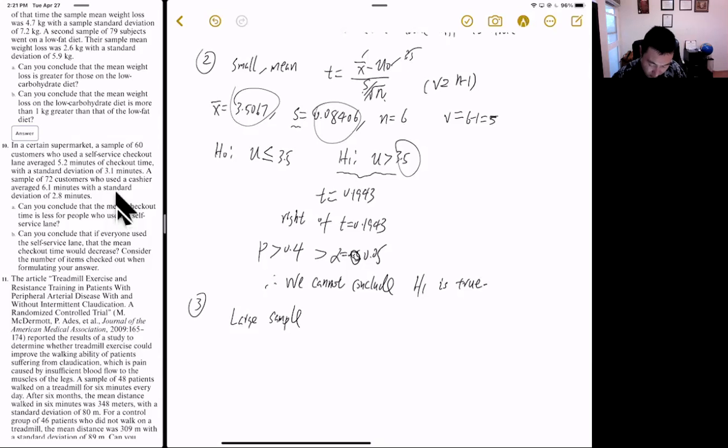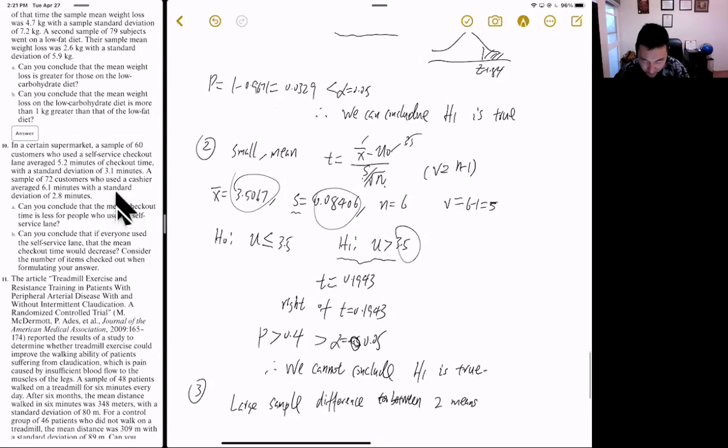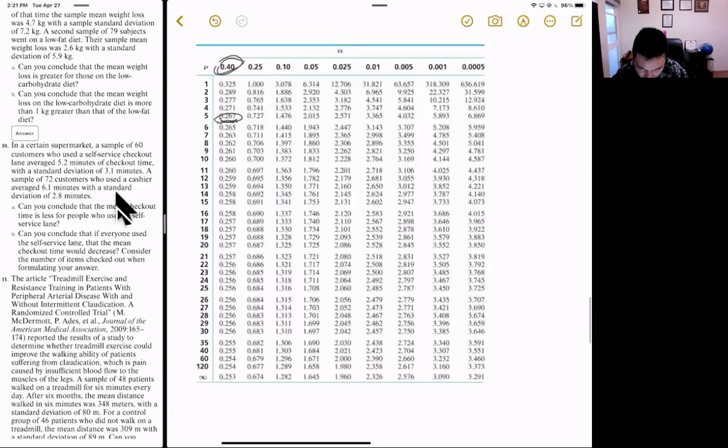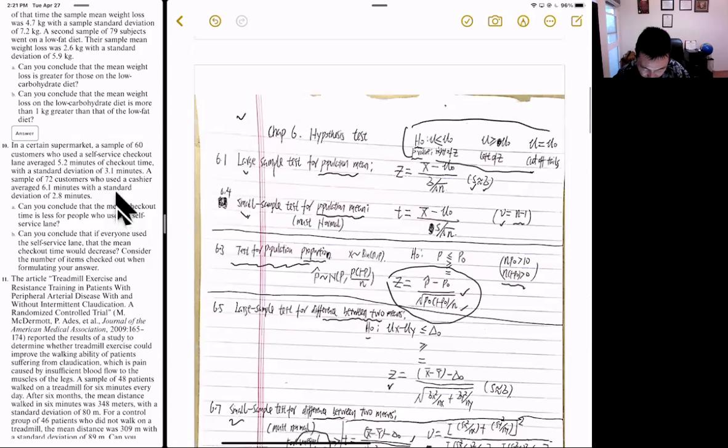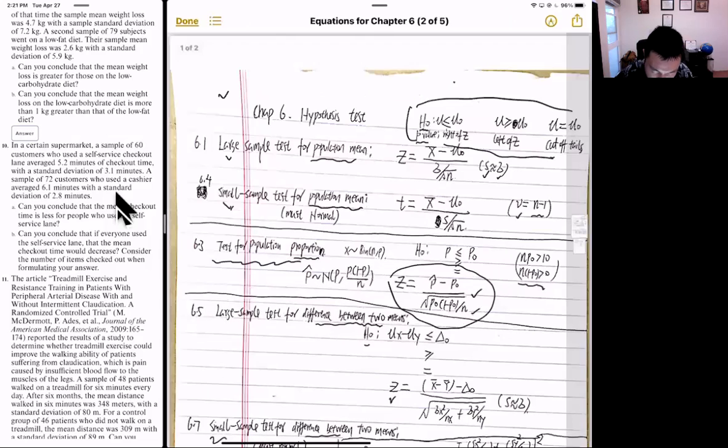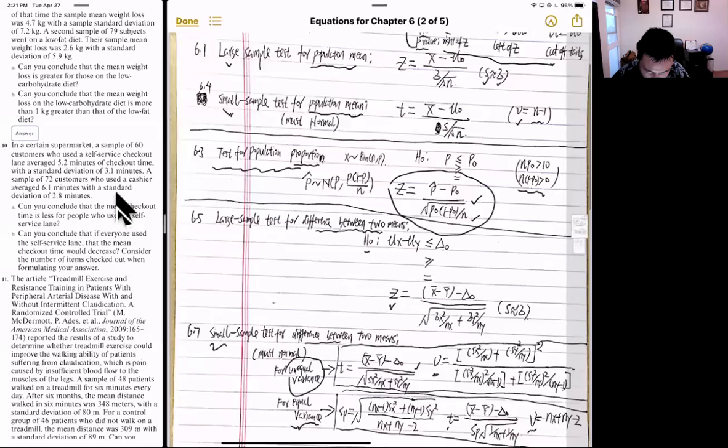So it is the large sample test for difference between two means, case 6.5.